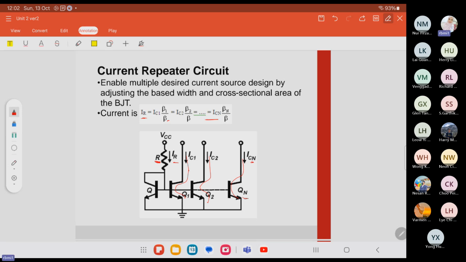But please remember that IR is not equal to IC1, also not equal to IC2, not equal to ICN, because the transistors have equal cross-sectional area.